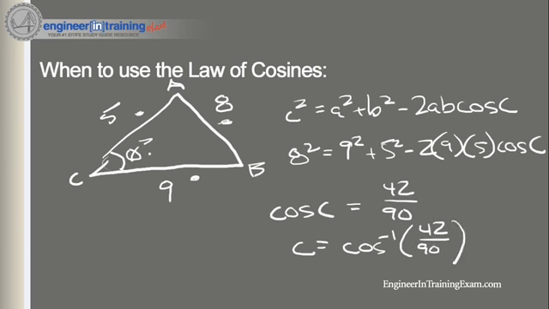And we're going to find that C is equal to 62.2 degrees. So we could do that for each and every one of the angles within that triangle, because we do know all three sides. So using the law of cosines, we can go ahead and determine more information than what we're given.